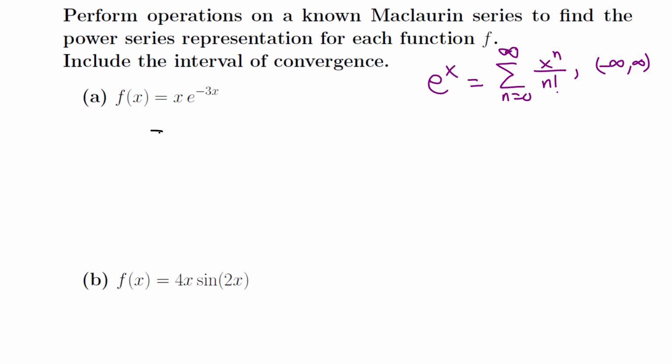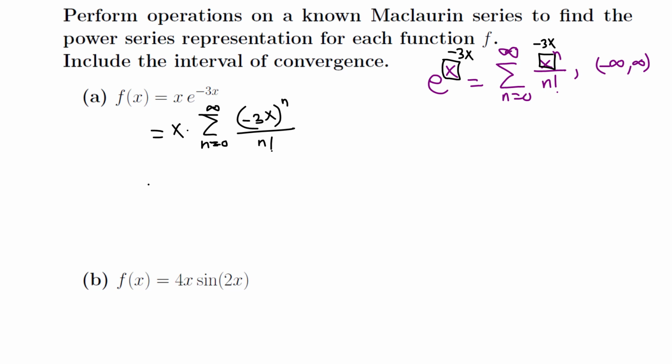So this one is x times e raised to negative 3x. This x we now replace simply by negative 3x. So the sum from n equals 0 through infinity of (negative 3x)^n over n factorial.